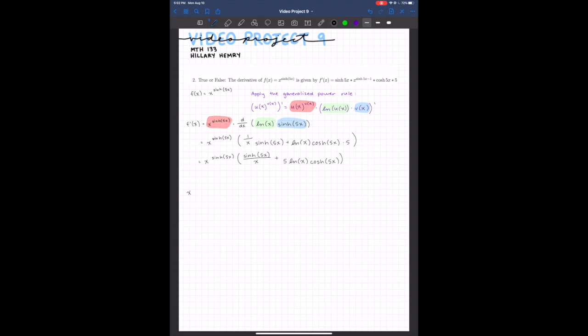Now that we have our derivative of this function nicely simplified, we're going to go ahead and compare it to the derivative given by our true or false question.